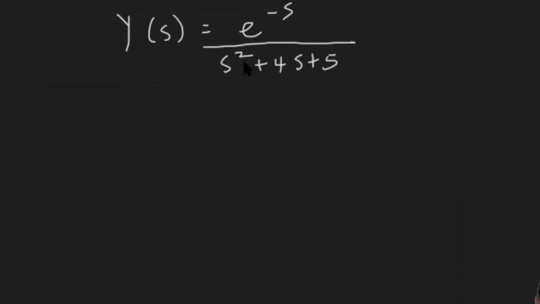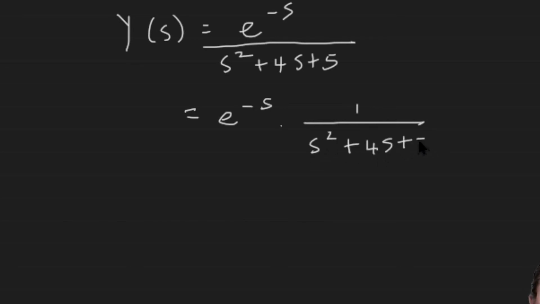Well, we'd know that from the initial differential equation anyway. But what it means is when we find the inverse, we have to separate the exponent from the rest of the expression, because then we find the inverse Laplace transform of this, just ignoring the exponent.